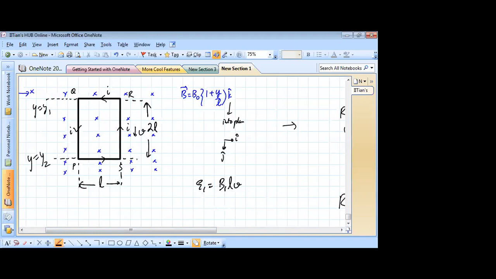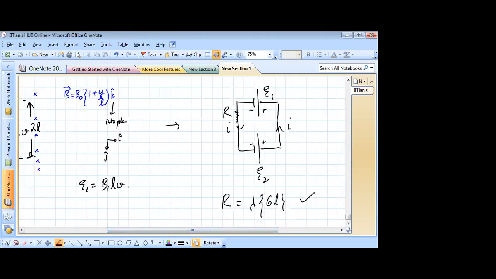So with those dimensions in mind, where B1 is the magnetic field at the y coordinate y1, so it is B naught (1 plus y1 by L).